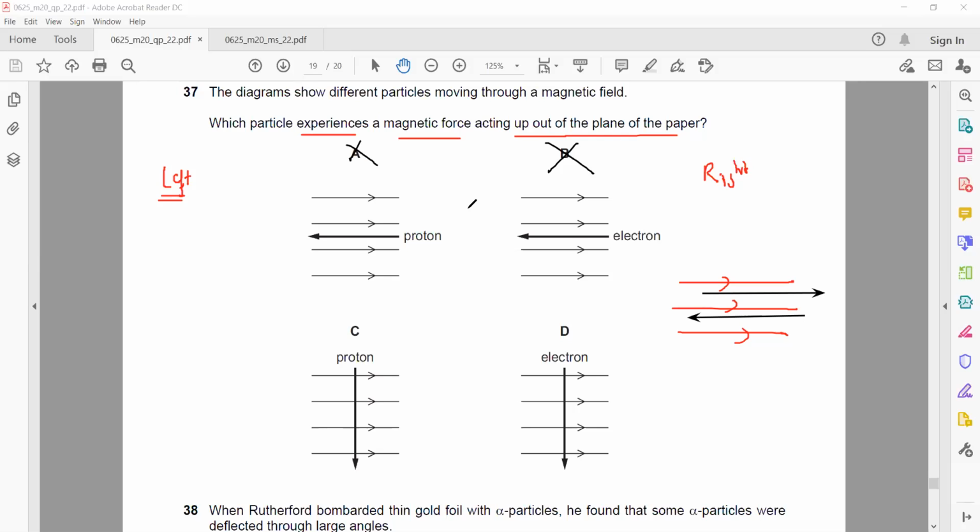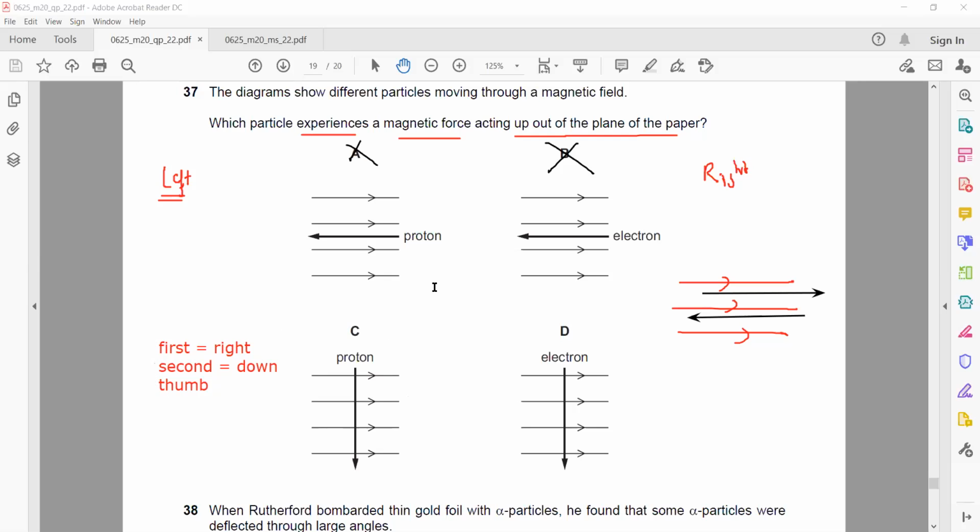According to Fleming's left hand rule, your first finger should point towards the magnetic field. In this case, when you apply the rule, your first finger should point towards the right hand side. Your second finger should show the direction in which the particle is moving, so your second finger should point down. So where is your thumb pointing when you apply the rule?